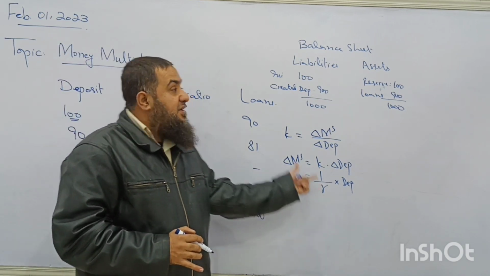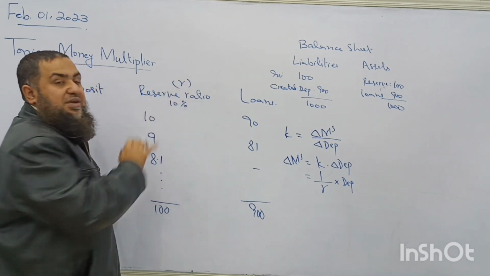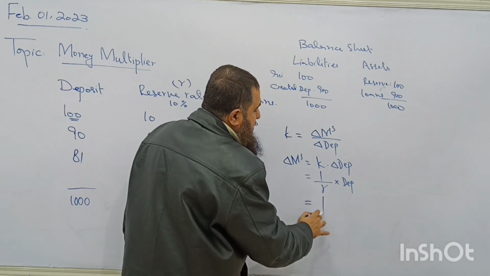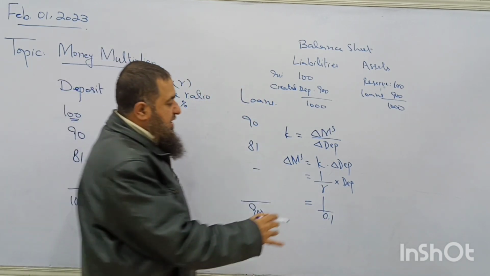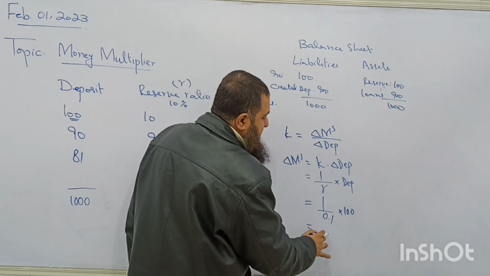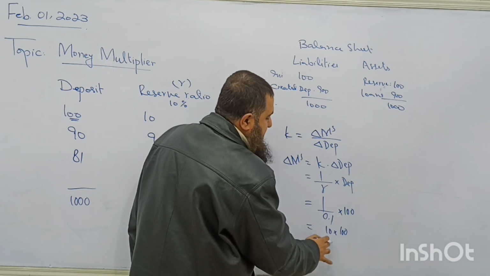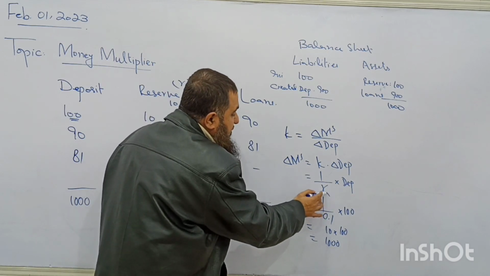What is this R? Reserve ratio. This R is actually the reserve ratio. So if the reserve ratio is 10%, this is 0.1, multiplied by the deposit of 100, the total money supply will be 1000. Follow my point or not?